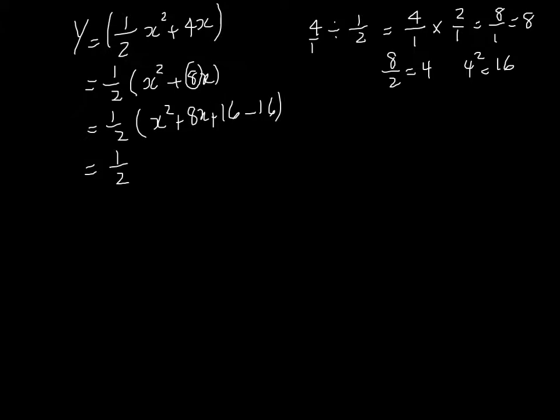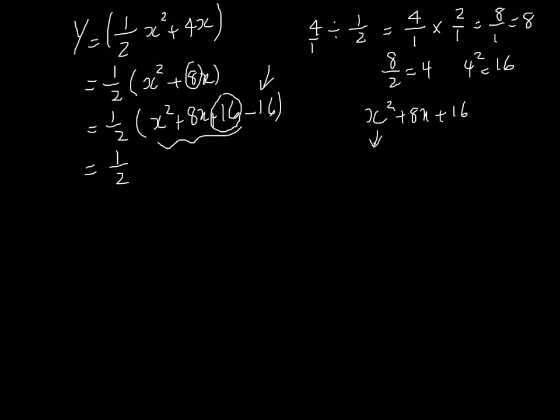Now I'm going to package the three terms. Remember, you always use the plus half b squared. You never use the negative term here. So x squared plus 8x plus 16.